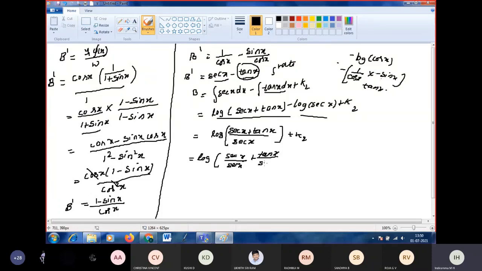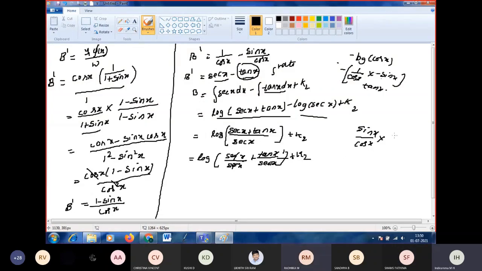What is tan x by secant x? If secant cancels, we get 1. So tan x can be written as sin by cos. Tan is sin by cos. What is 1 over secant?